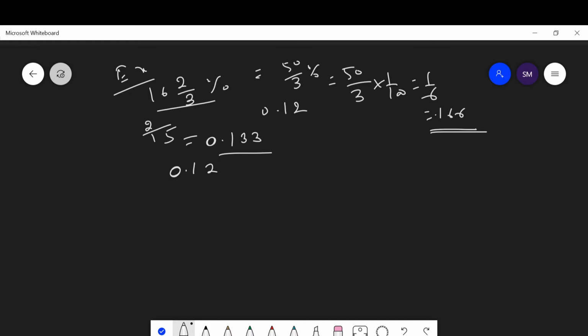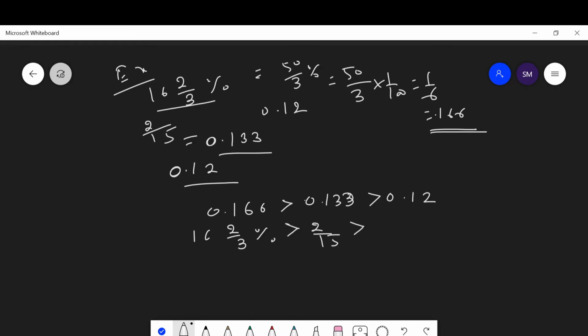Then we say that 0.166 is greater than 0.133, which is greater than 0.12. This means 16 whole 2 upon 3% is greater than 2 upon 15, which is greater than 0.12. Then let us discuss some more problems.